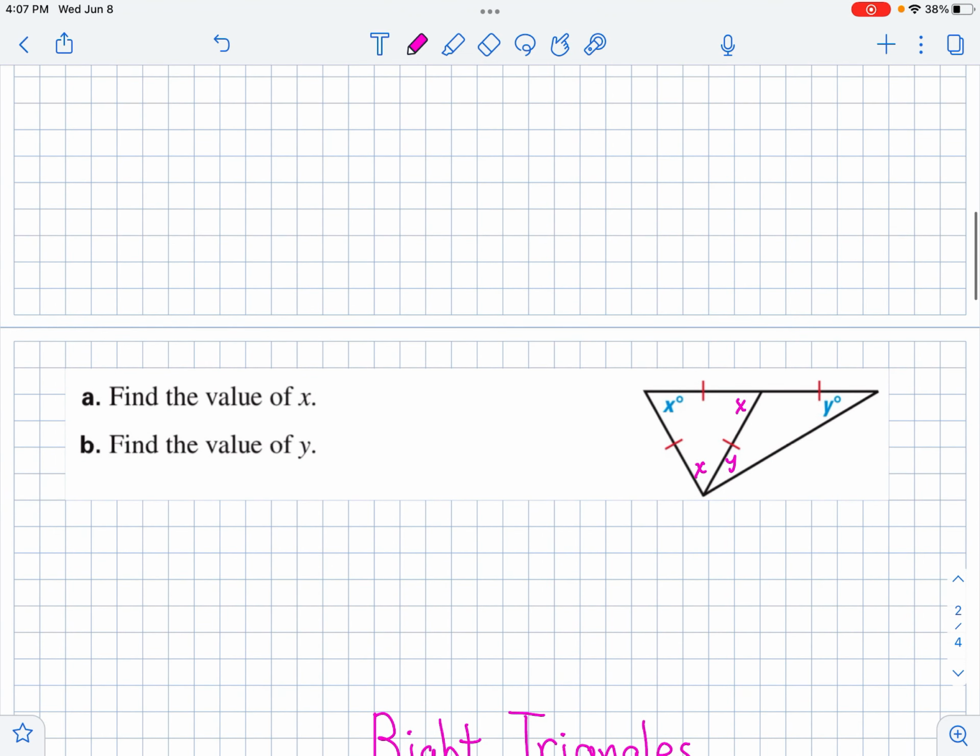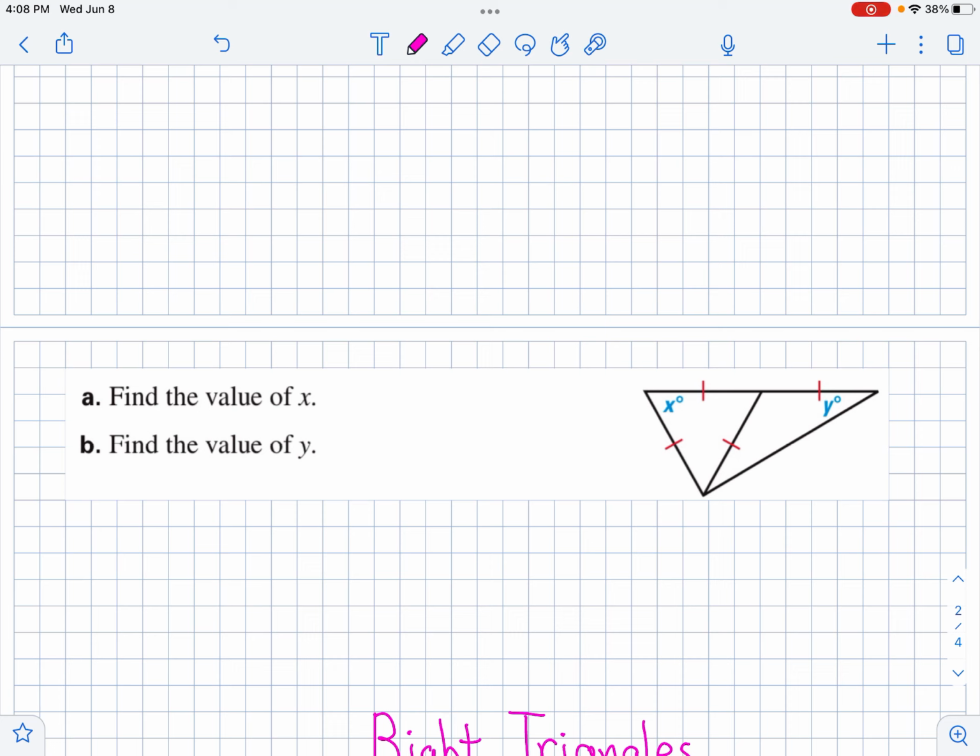Now, let's go down here and look at an application. We've got a situation where we've got a triangle, and this is all that was given to us. So we want to find x and y.